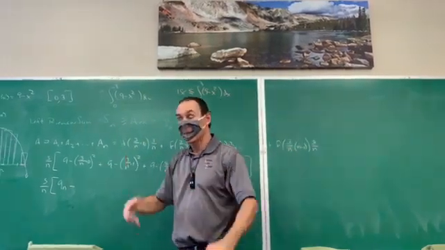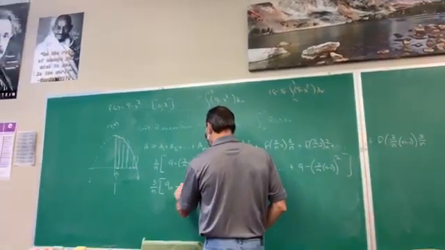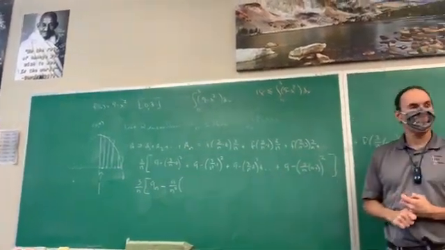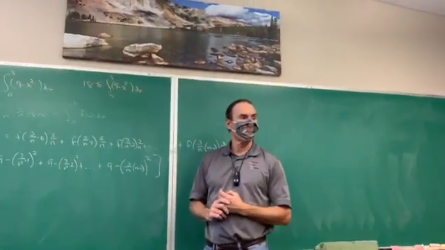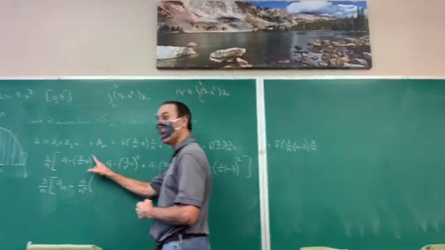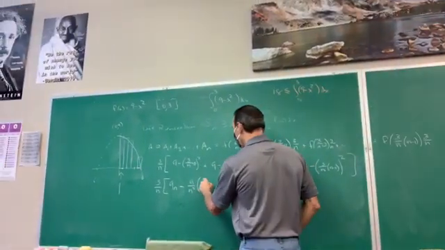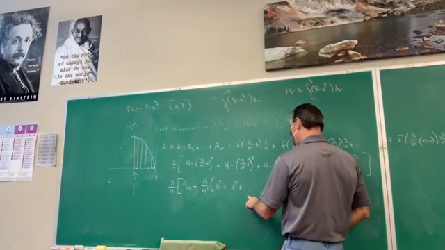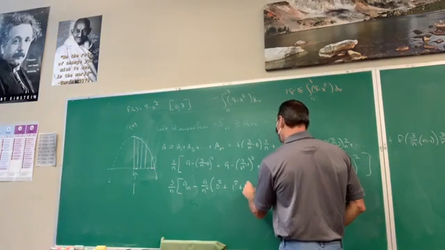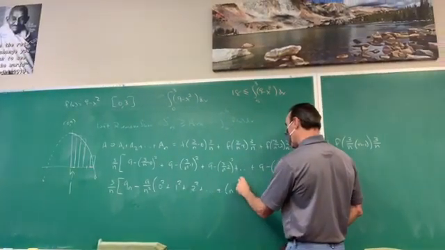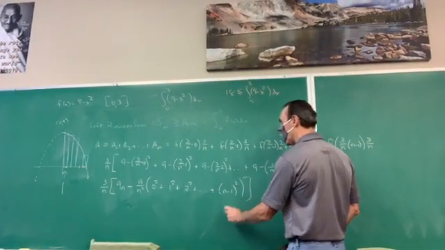So I'm going to go minus 9 over n squared times, and what's left behind is 0 squared plus 1 squared plus 2 squared all the way out to n minus 1 squared, in parentheses and bracket.